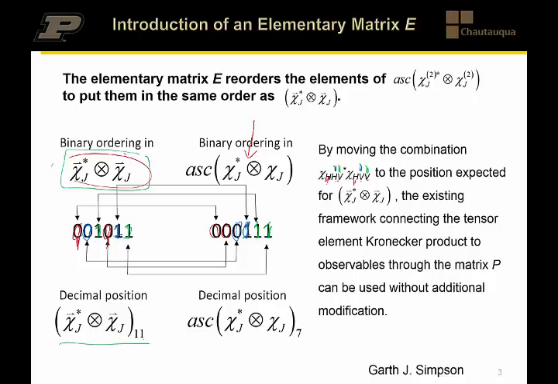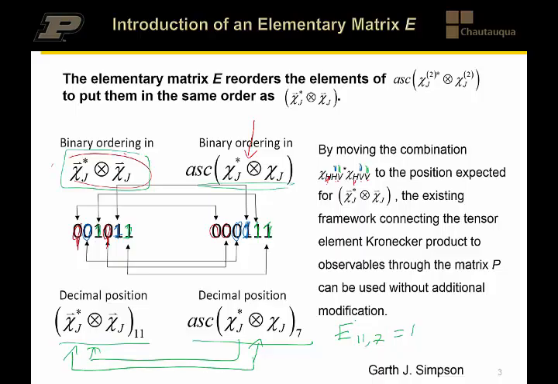The corresponding element in the ascending vectorization of the product is in the 7th position, also given by binary counting. So now we have an easy way to connect what initially appears in here that we want to resort and put into there. And so in this case, we know that E11,7 was equal to 1, which would convert from the HHV, HVV ordering in this notation over into the desired notation.